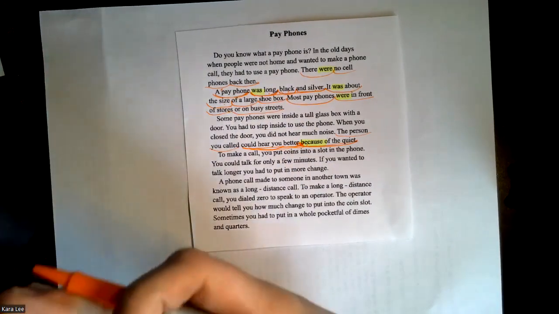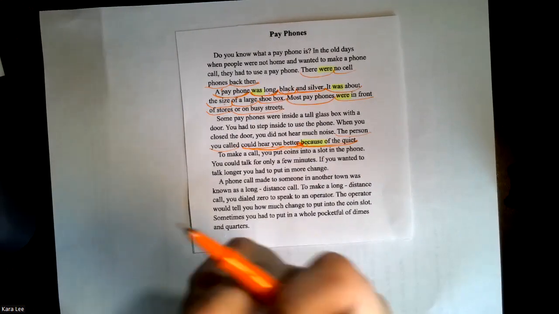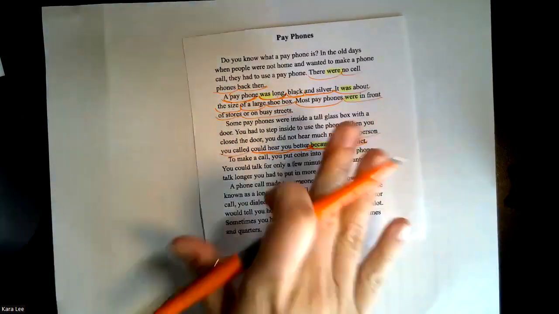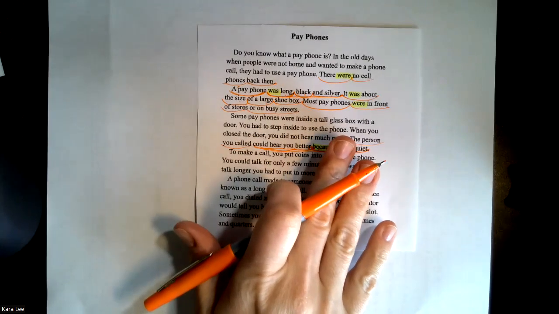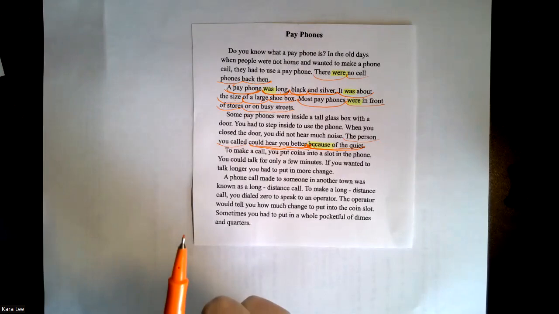Now, obviously, that took me a long time because I was explaining to you how to do it. But it can go a lot quicker when you're actually working with a student. Now, that is a very intense intervention, right?